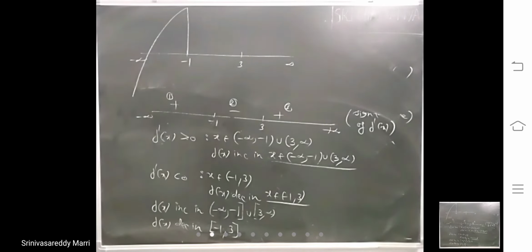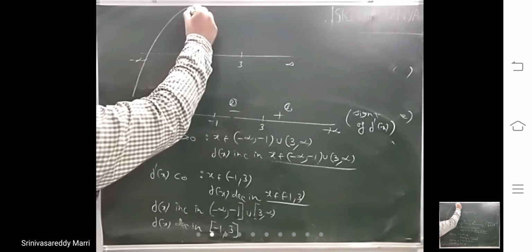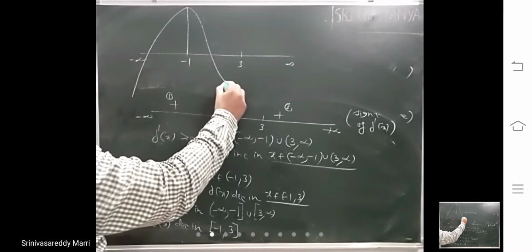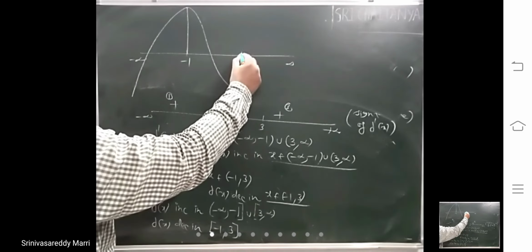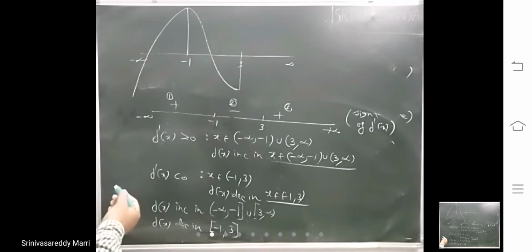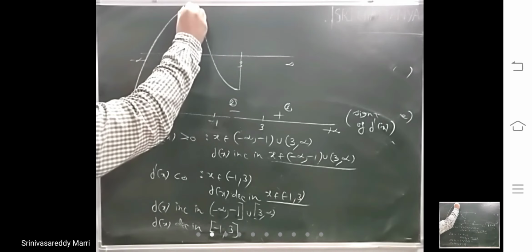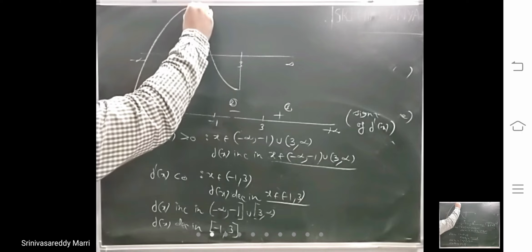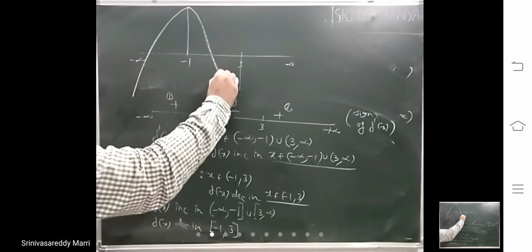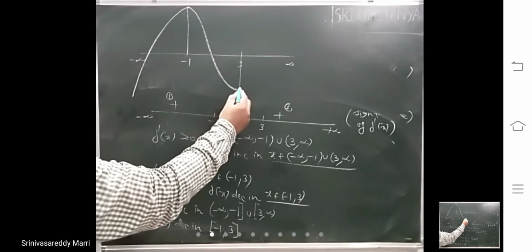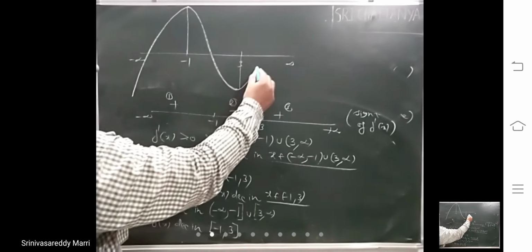Then minus 1 to 3 it is decreasing. Let us say the graph is like this. Decrease till here. From bottom to top increasing, then from minus 1 to 3 a downfall, then 3 to infinity again increasing.